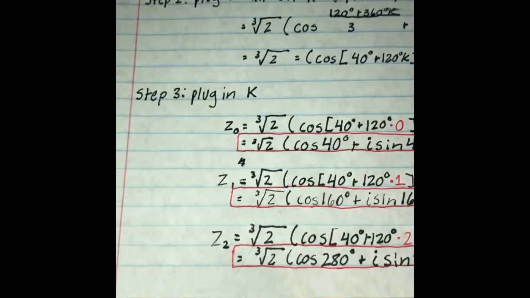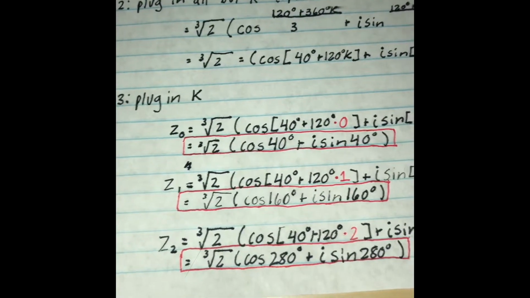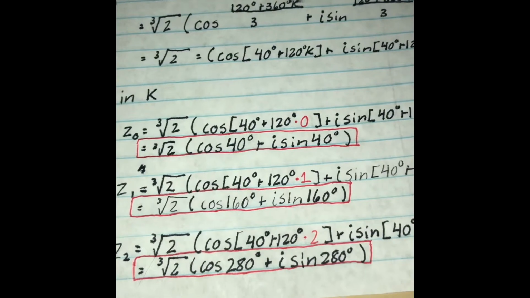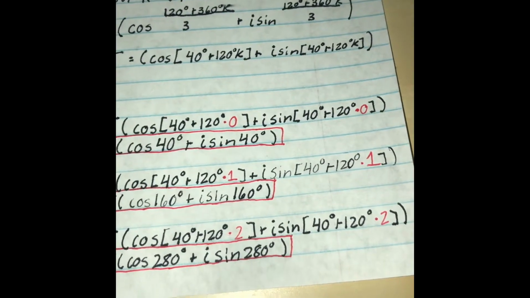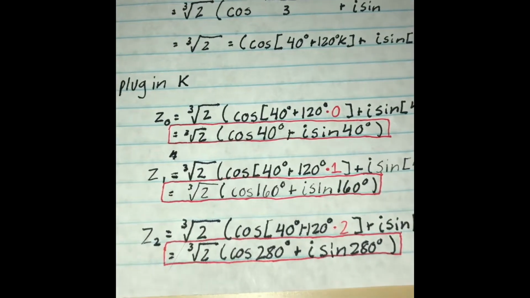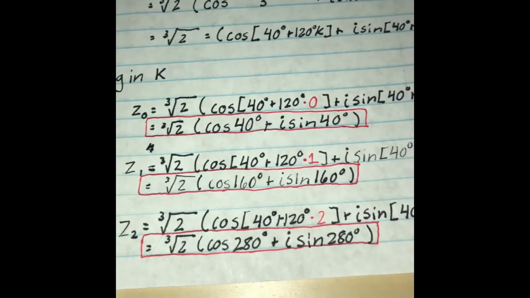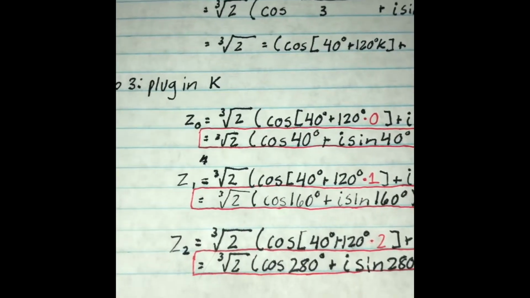Next, you're going to plug in 1 for k, so z sub 1 is going to be the cube root of 2 times cosine of 40 plus 120 times 1, plus i sine of 40 plus 120 times 1, giving you the cube root of 2 of cosine of 160 plus i sine of 160, and that is z sub 1.